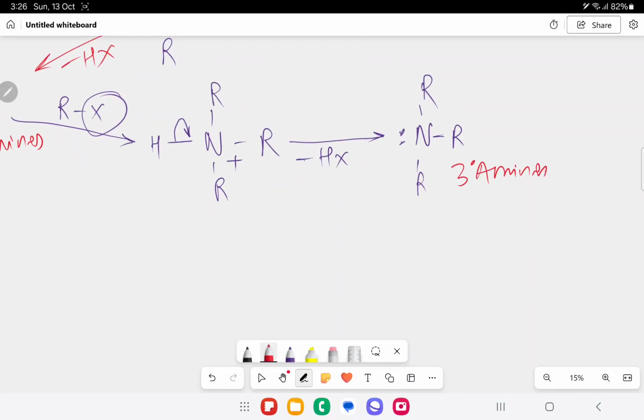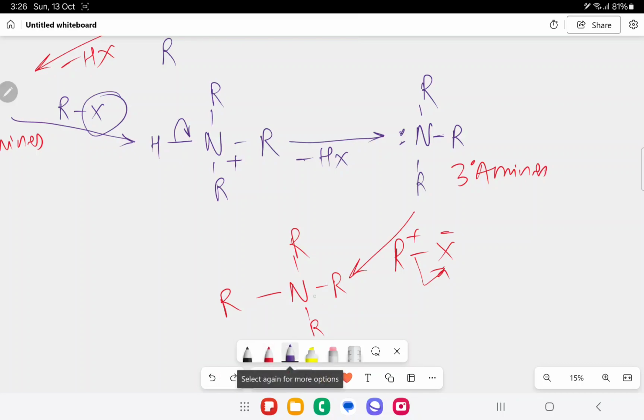Now again RX will come, and RX again does heterolytic fission, gets negative, gets positive, and over here you will get quaternary ammonium salt, with nitrogen having a positive charge over there, and this is known as quaternary ammonium salt, and X minus goes outside.